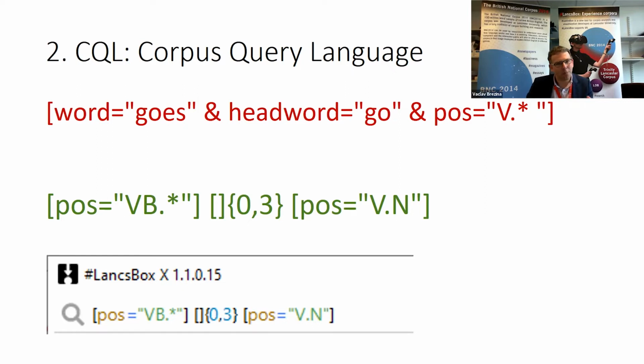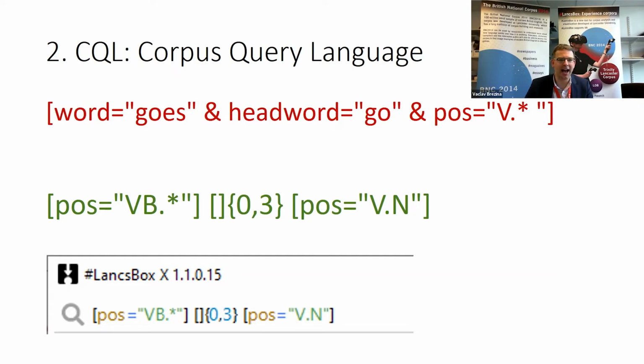users the full power to define searches of any level of complexity. You can see that these are some of the examples of the CQL, obviously depending on the annotation that is available for the individual corpus that you load into Langsbox.